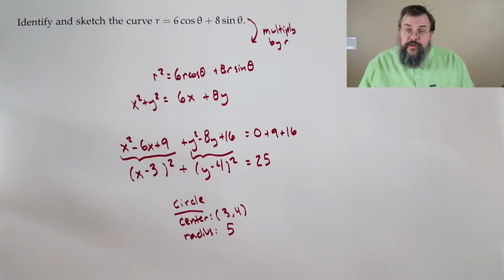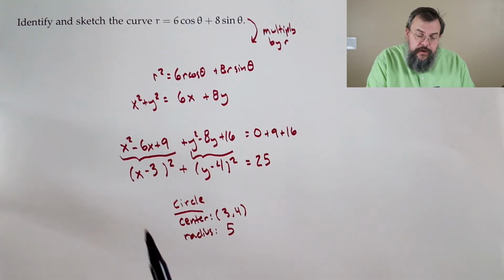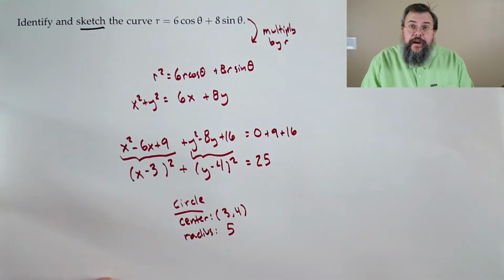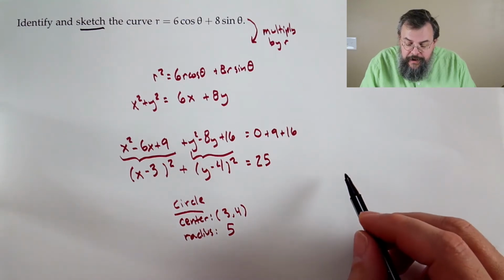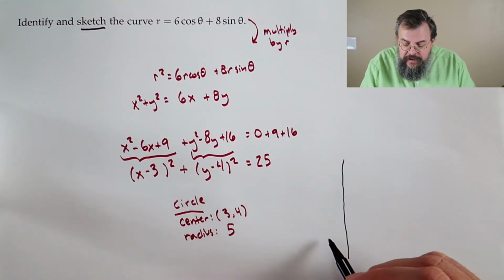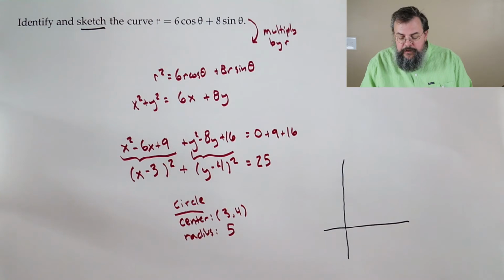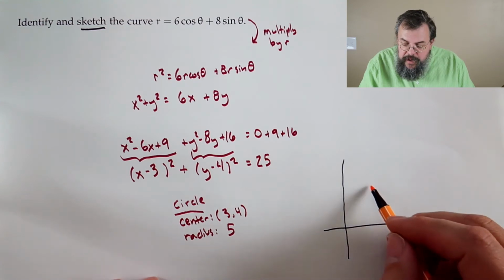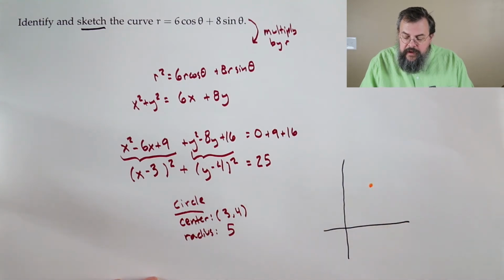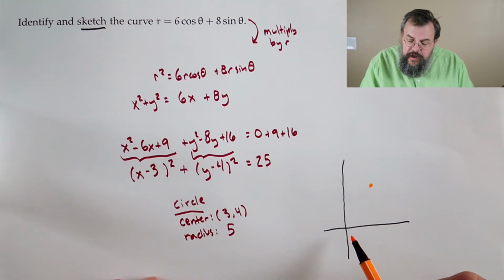Now, we should sketch it, and we should do it because it tells us to do it. And of course, if it tells us to do something, we're going to do it because after all, we want to make sure we get all the credit, right? So, what do we do? Well, we go over 3 points in x, 4 up in y, so roughly here. That's our center. And the radius is 5.